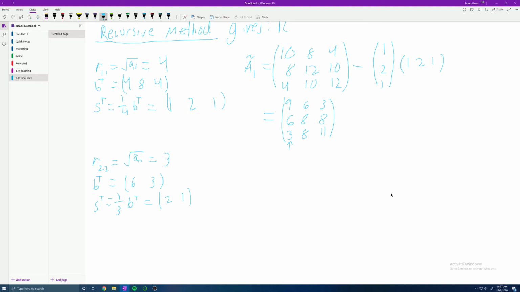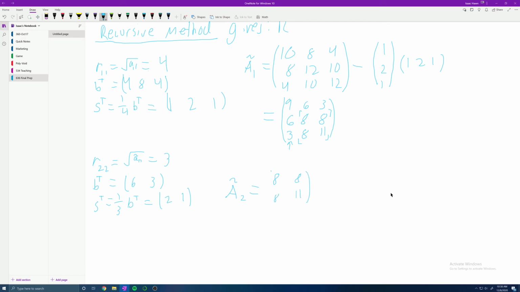And just like before, we take A2 wave to be the 2 by 2 tail submatrix of matrix A wave 1, which is this bit right here. That's going to give us 8, 8, 8, 11.